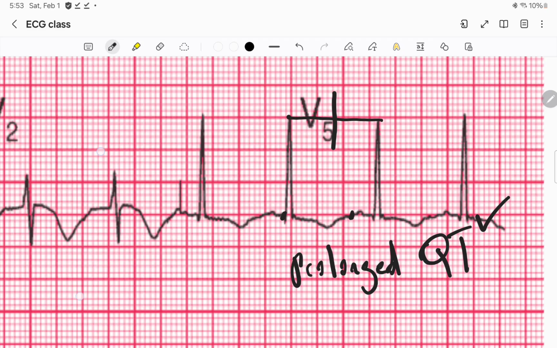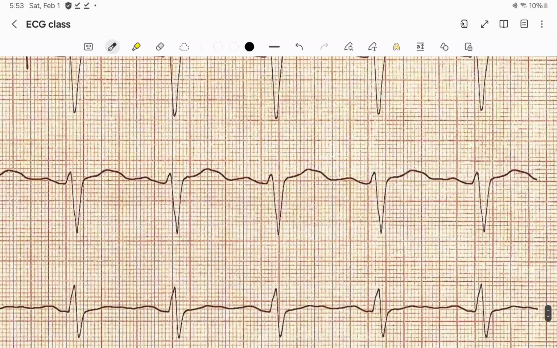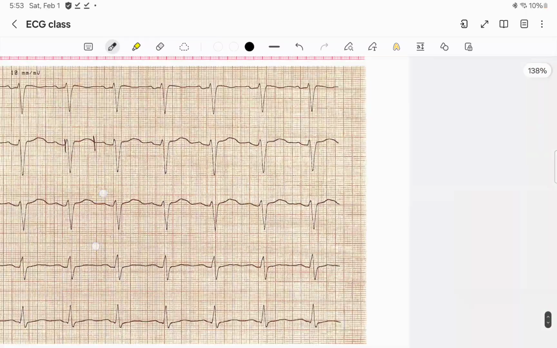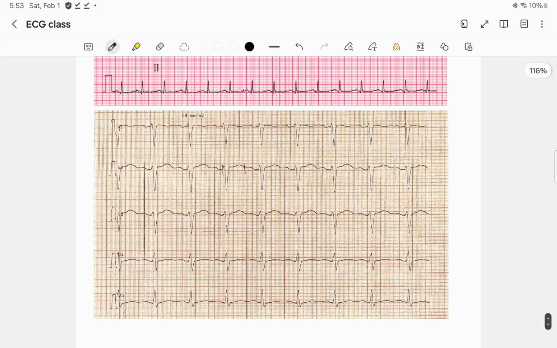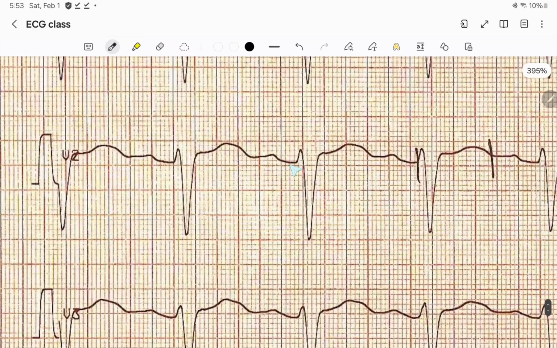Let's look at another example. Let's pick a lead where it's easily observed. Let's look at lead V2, and the QT would start here and end somewhere about here, and this is the RR, and this is about half of it.